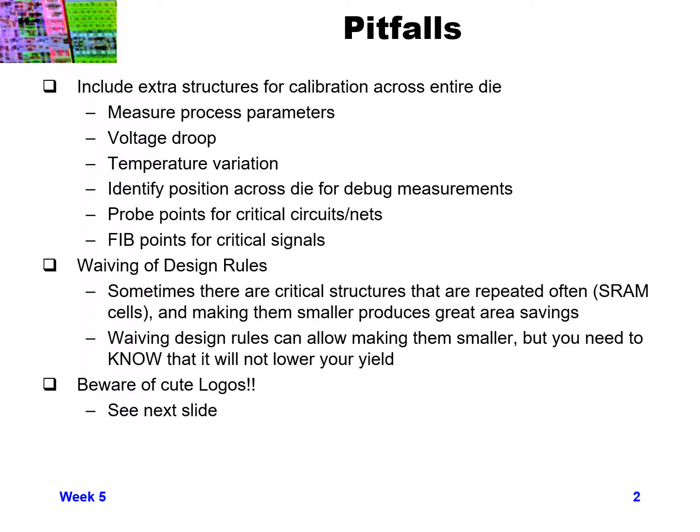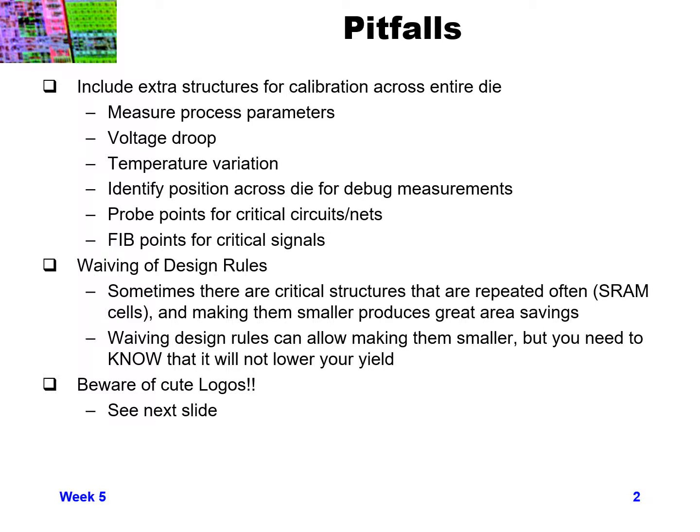You might have some special identifiers for showing the position. I've seen in the past where we'll sometimes have multiple metal layers that have plus signs or various different signs that will show where you are across the die to identify your position.